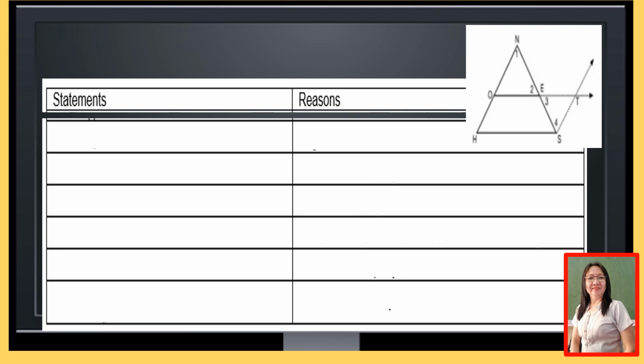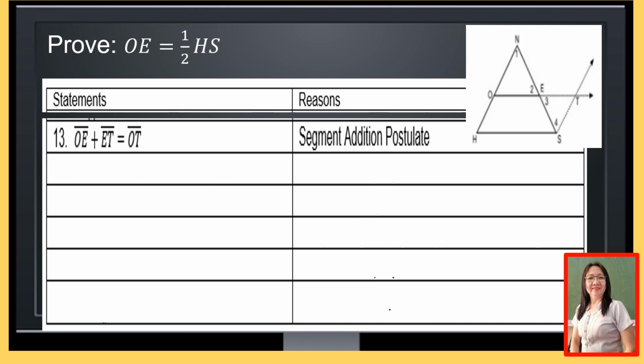How about the other one? At this point, we are going to prove that segment OE is 1/2 as long as segment HS. So let us indicate that segment OE plus segment ET is equal to segment OT. That is the segment addition postulate.